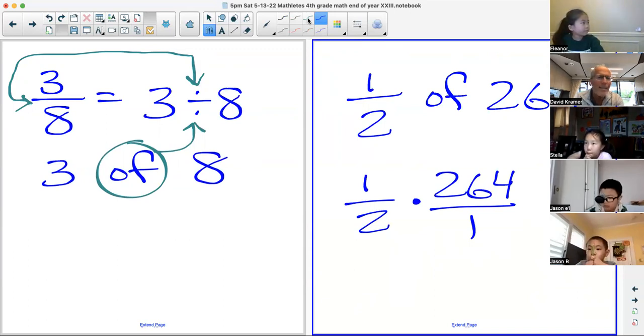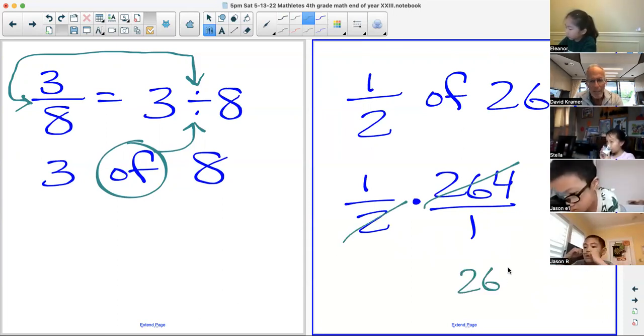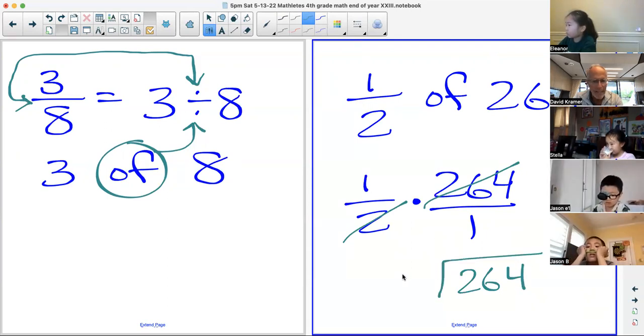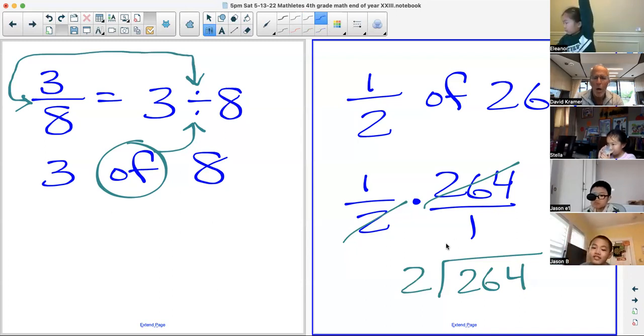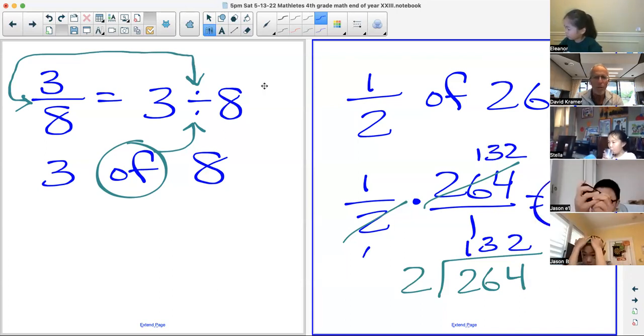And doesn't that just mean that we have to cross cancel 264 and 2? And who knows how many times 2 divides into 264? Go ahead, Jason. 132. Oh, yes, it is. 132 to 1. 132 times 1, of course, 132.